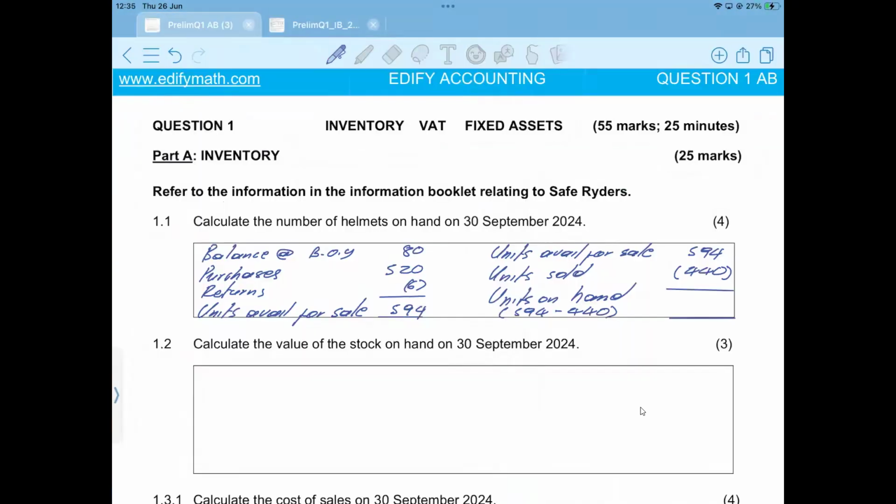And let's see how much that will give us. It'll give us 154 units. So at the end of the year, we only had 154 units available.